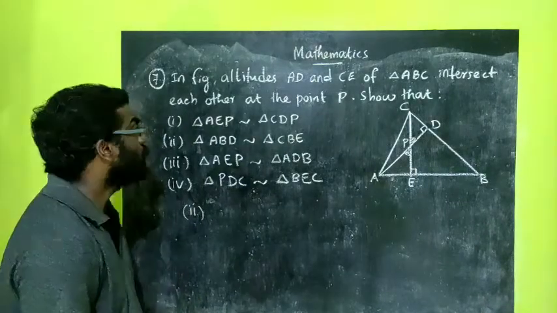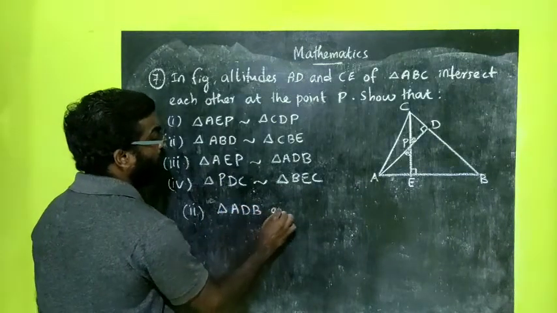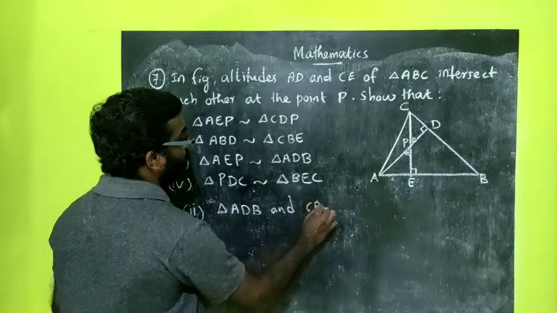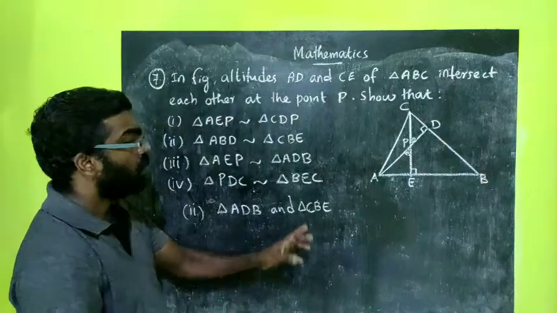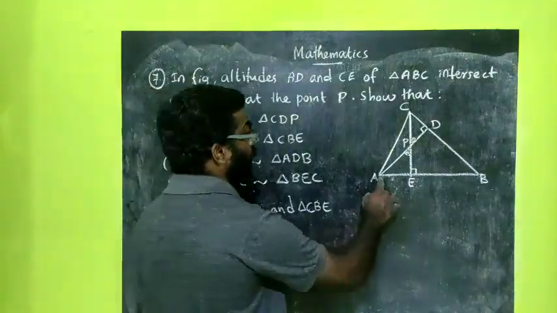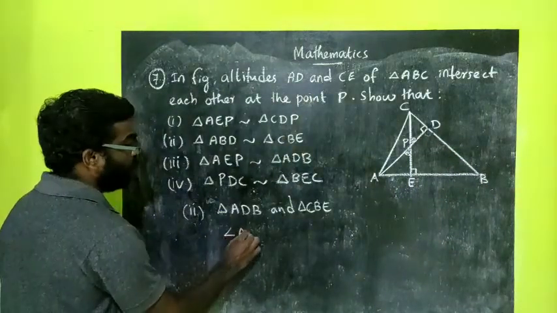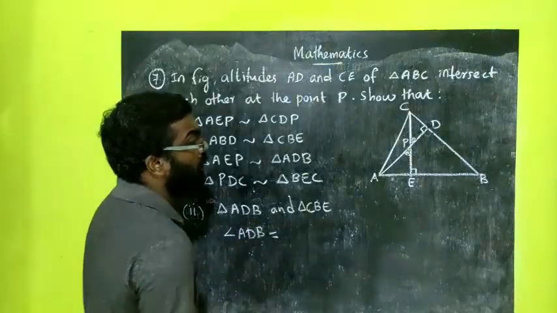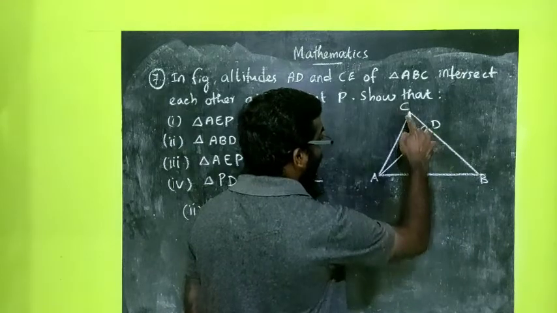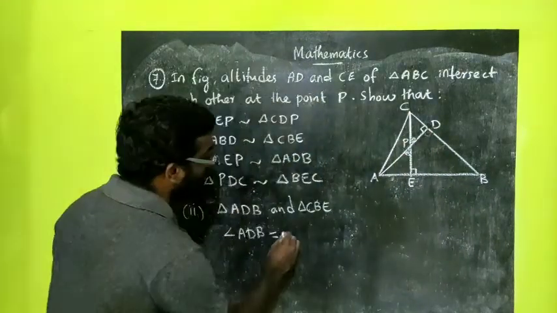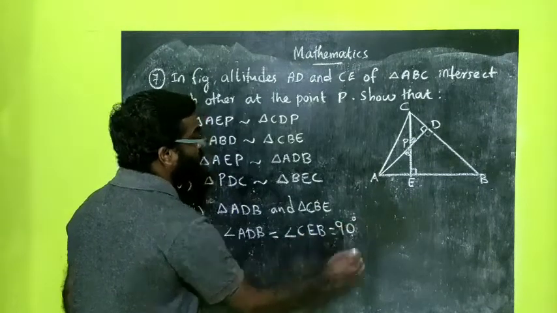Now we shall discuss the second sub-question. Second one, triangle ADB and triangle CBE. In triangle ADB, angle ADB is 90 degree, which is equal to angle CEB in triangle CBE, which is also 90 degree.